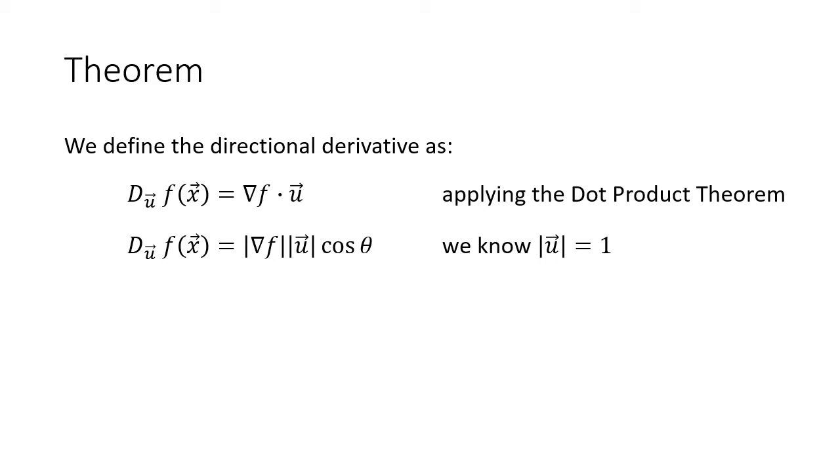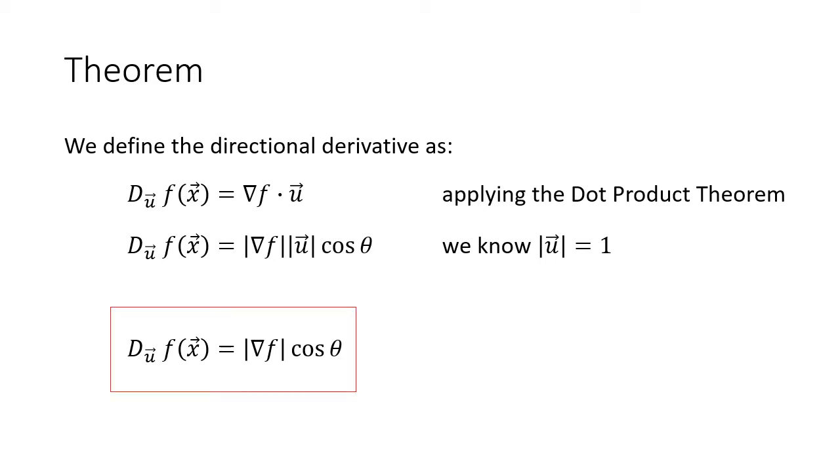Except we already know that the magnitude of my unit vector has to be 1, which means my directional derivative can actually be defined as the magnitude of my gradient times the cosine of theta, being, again, that angle between my unit vector and the gradient.